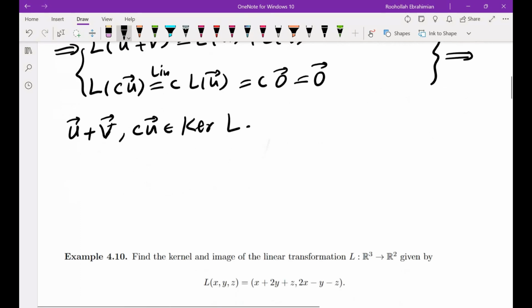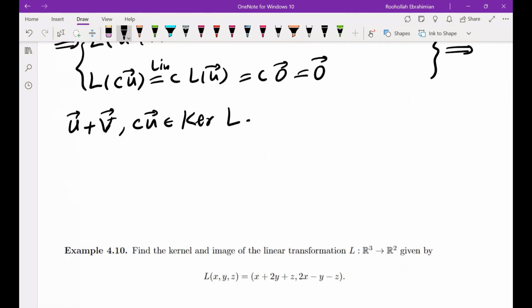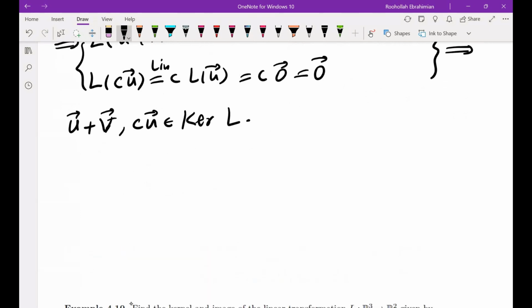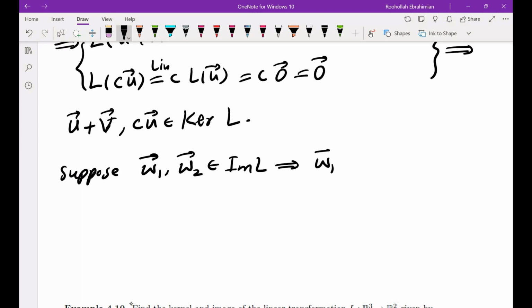So we'll do the same thing for the image. We take two things in the image. So suppose W1 and W2 are in the image of L and I have a scalar C. That means W1 is L of V1 and W2 is L of V2 for some V1 and V2.